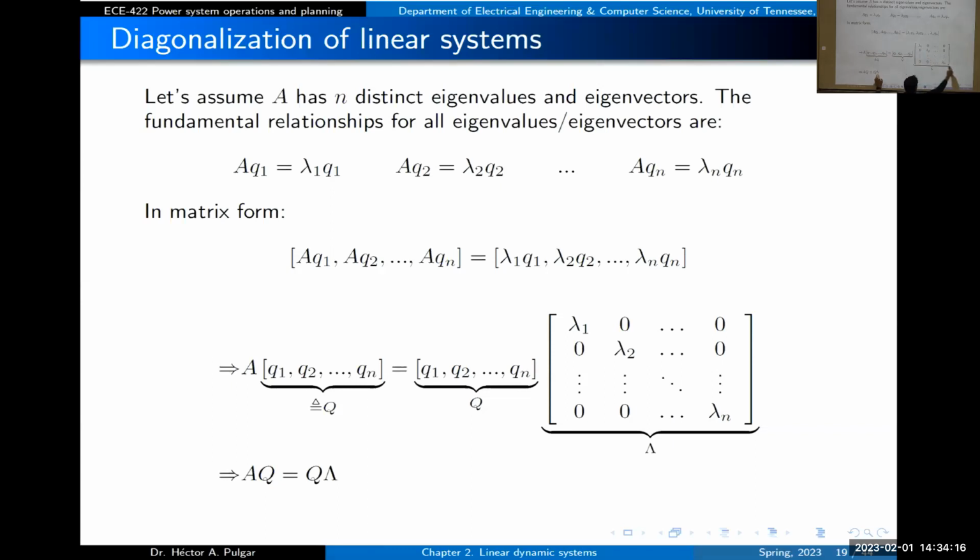It's actually a diagonal matrix in which the diagonal terms correspond to the eigenvalues. So we are finding a relationship between the system matrix and this diagonal matrix. So far, it's just a compact equation based on our understanding of the eigenvalues and eigenvectors. We put everything in one equation and arrive at this nice relationship. We're not there yet, but we're getting closer. We will use this to solve the linear system.